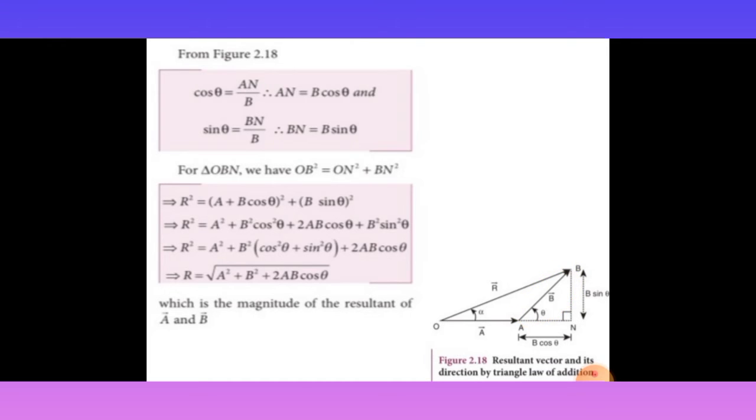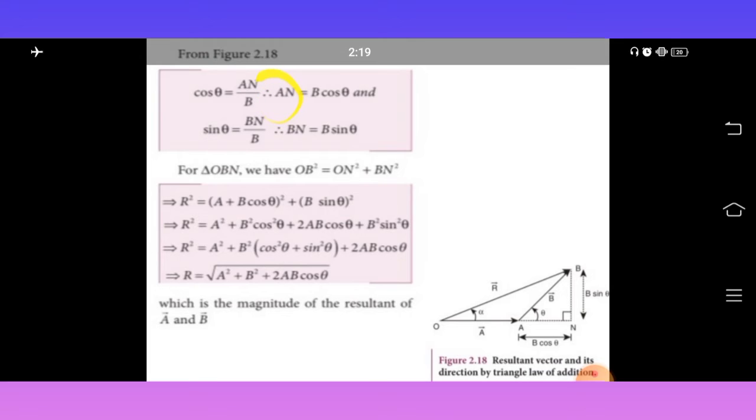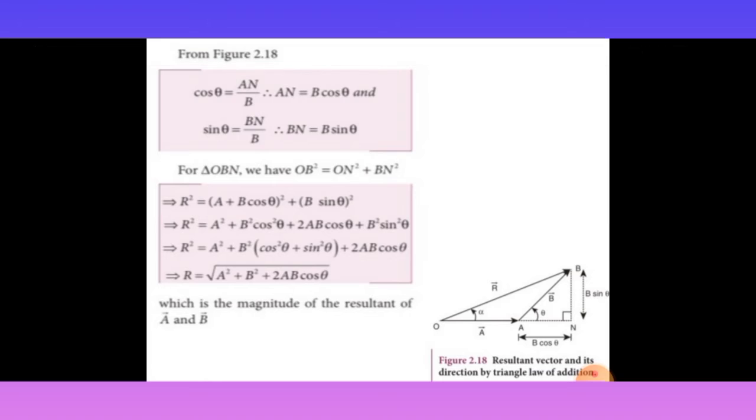So cos theta is equal to AN divided by b. From this we get the value of AN, the adjacent side: AN is equal to b cos theta. Next, we can apply sin theta. Sin theta is equal to opposite side divided by hypotenuse. So here the opposite side is BN and the hypotenuse is b.